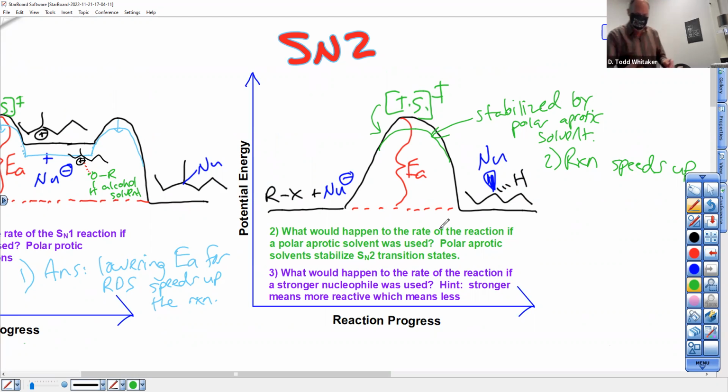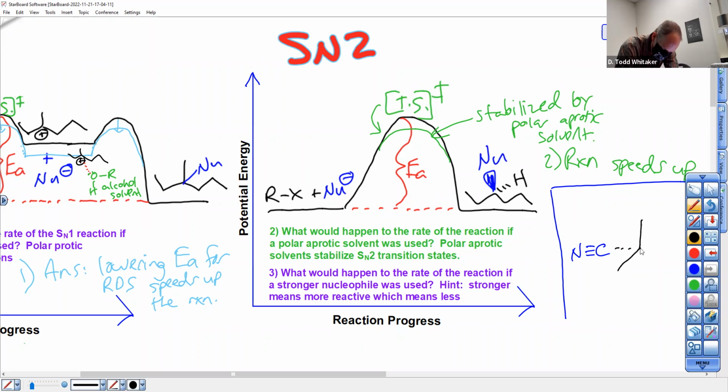I'll give you a diagram. You do not have to copy it. Here's a diagram of a transition state between cyanide reacting to make a bond to the carbon that has these three things, and then the X is leaving.